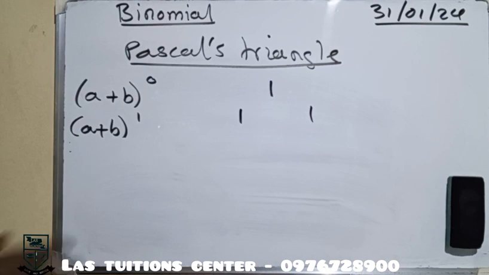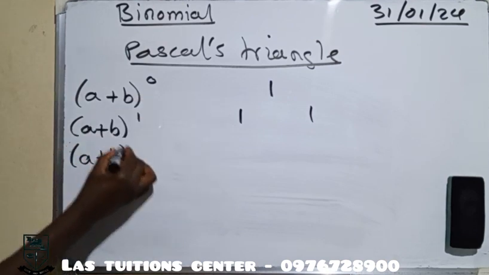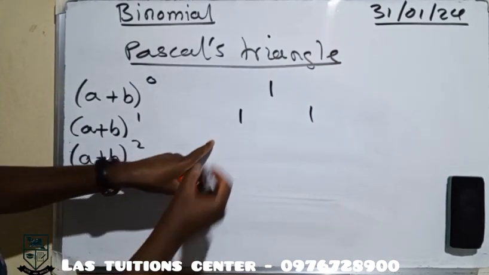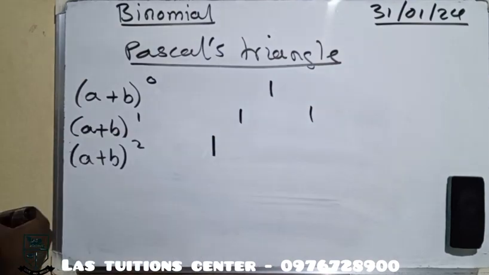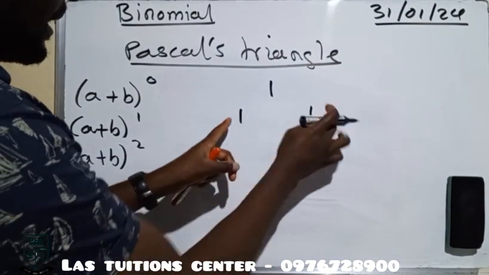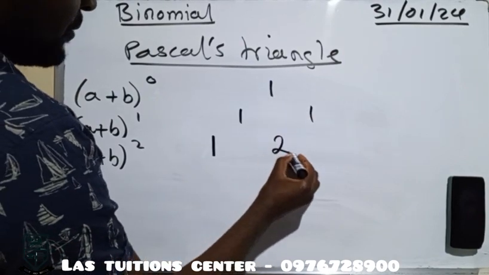You understand what I mean by this? Now we have (a + b)^2. When building Pascal's triangle, you first begin by writing a 1 outside here. Later on, you add the two immediate numbers on top to get the number in between.